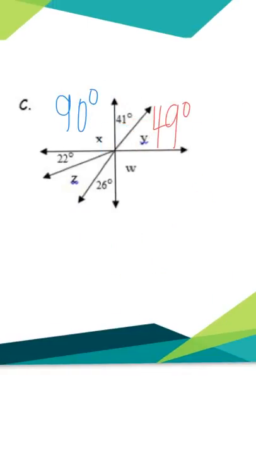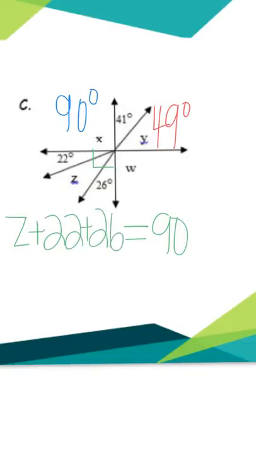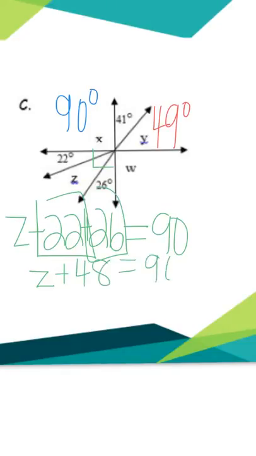And now for Z. You will see that the 22, the Z, and the 26 all add up to 90 degrees. So, if we combine like terms, these two constants, a plus 22 and a plus 26, we will get Z plus 48 equals 90 degrees.